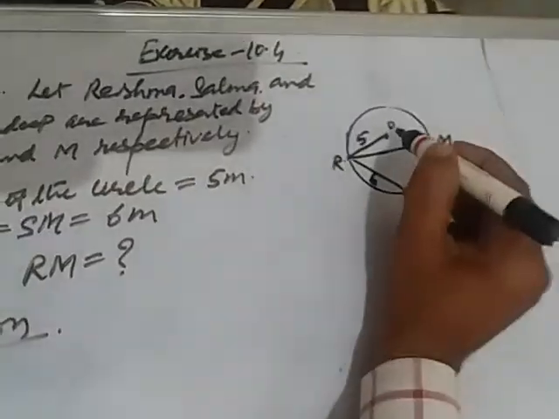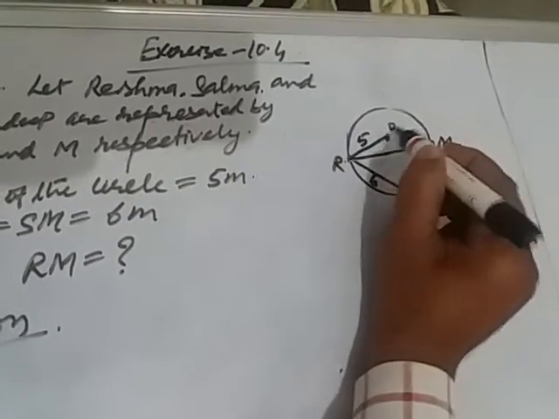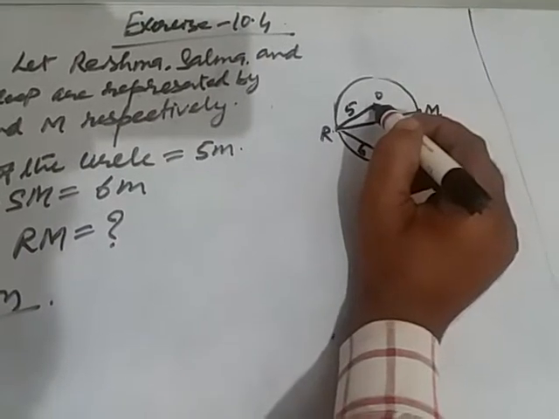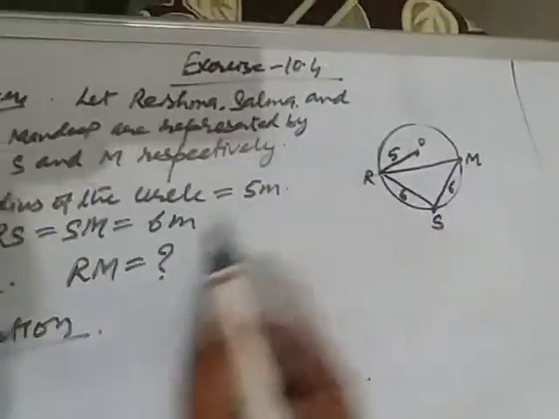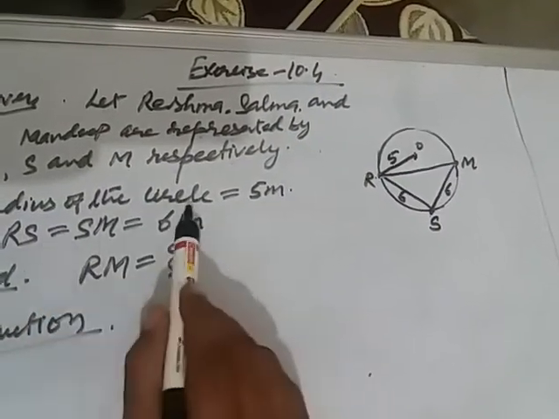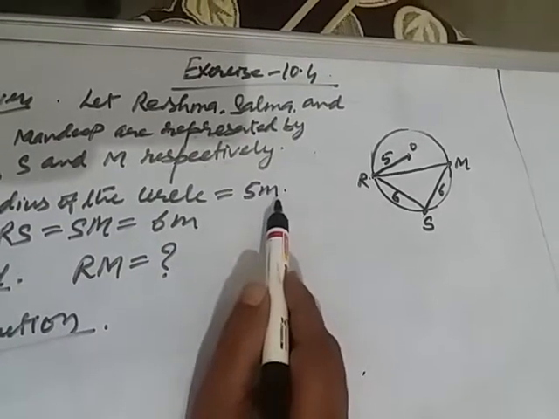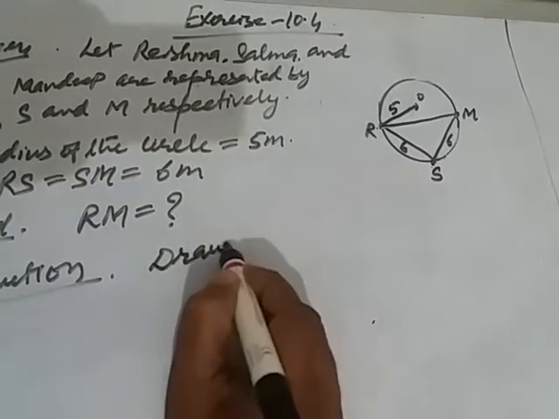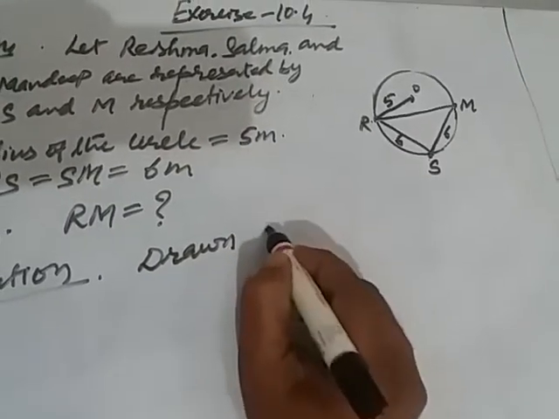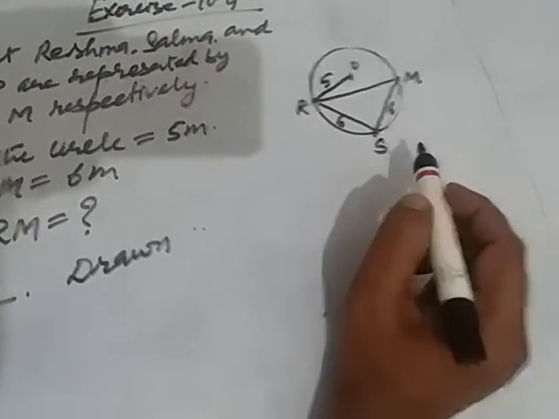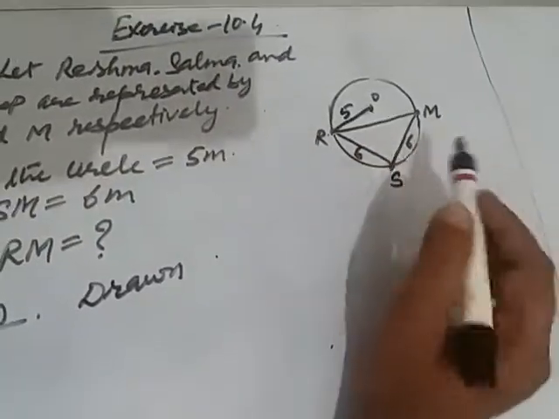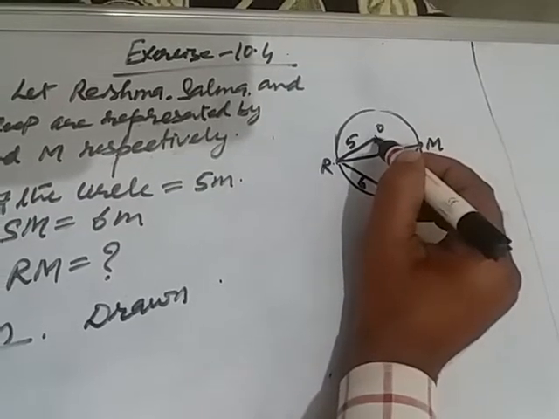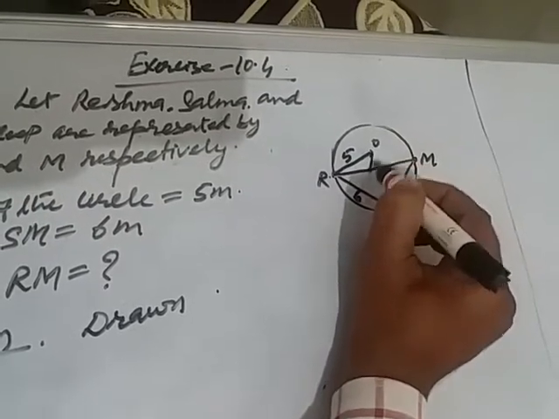See, this is center O. O is the center of the circle. Now OR is equal to the radius of the circle, that is 5 meter. Construction: draw OL.